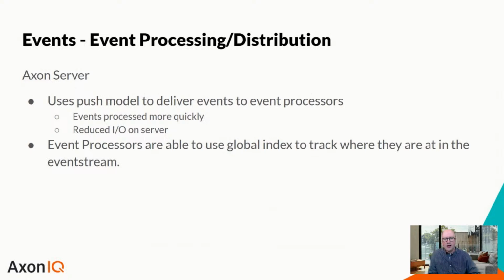The event processors are able to use the global index to track where they're at in the event stream, so it's real easy to tell where they're at. We don't have to have any lookback windows because of timestamps involved, those types of things.